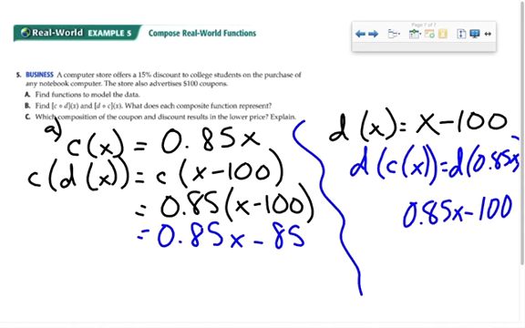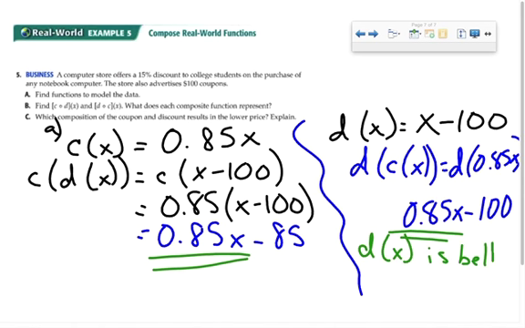Well, no matter what x is, this part of it is the same. But in one of them, I'm subtracting another 100, and in the first one, I'm subtracting 85. So I would hope that it makes sense to you that D of C of x is the better deal.